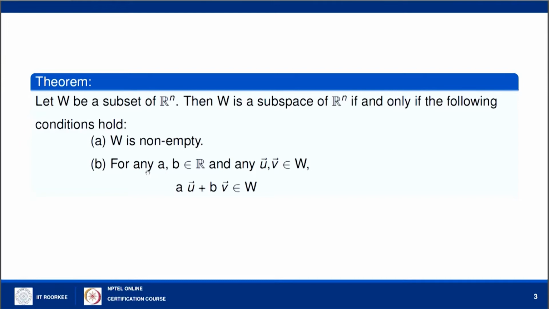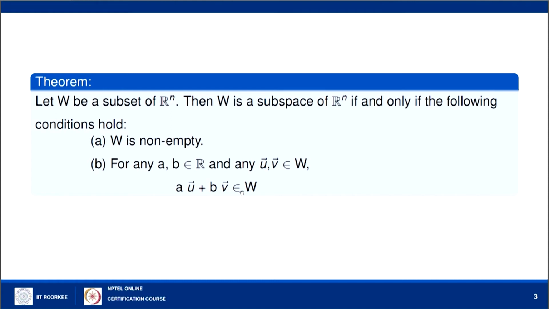Then if you take any 2 scalars a, b belonging to R and 2 vectors u, v from W, then a times u, from the previous definition, is again a vector of W if W is a subspace. b times v is again a vector of W because W is a subspace, then a u plus b v is also a vector of W.